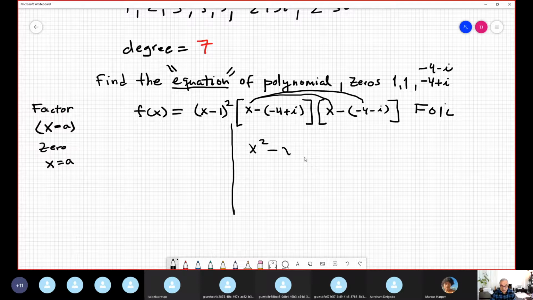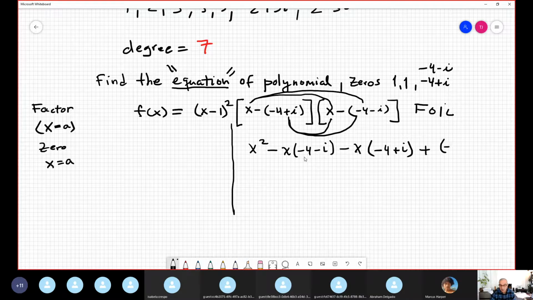It is minus x times (-4 minus i). And this time, similar, minus x again, but it is (-4 plus i). And finally, the multiplication of this and this, which is plus, because negative times negative is positive, (-4 plus i) and (-4 minus i).